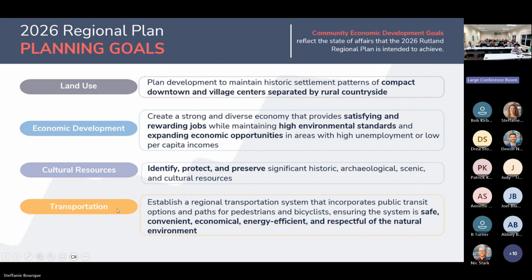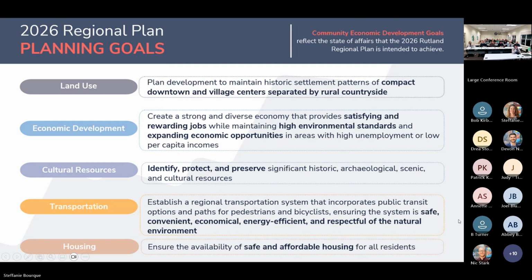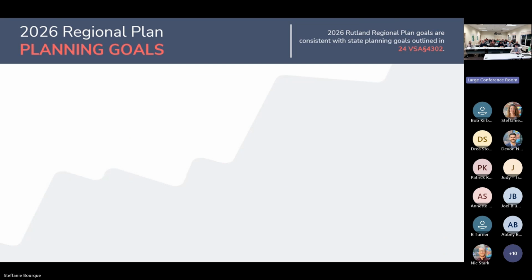For transportation, it's to establish a regional transportation system that incorporates public transit options and paths for pedestrians and bicyclists, ensuring that that system is safe, convenient, economical, energy efficient, and respectful of the natural environment. For housing, we want to ensure the availability of safe and affordable housing for all residents.